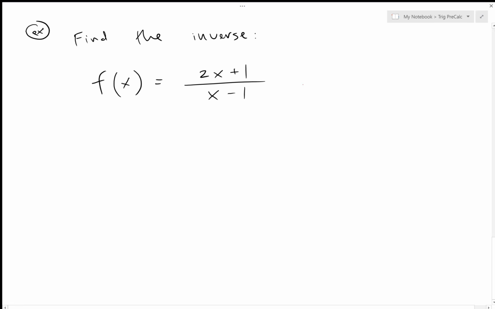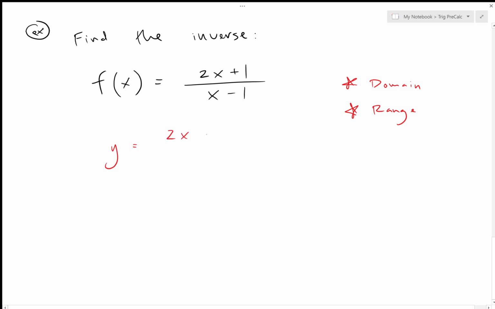So rationals, remember, we're going to run into domain issues later. So let's make a note of that later on. And also they're going to ask us about range issues. Okay, so we're going to look at the domain and the range in the end. So I'll make a note of that for later on. All right, so first things first, f of x is the same as y.